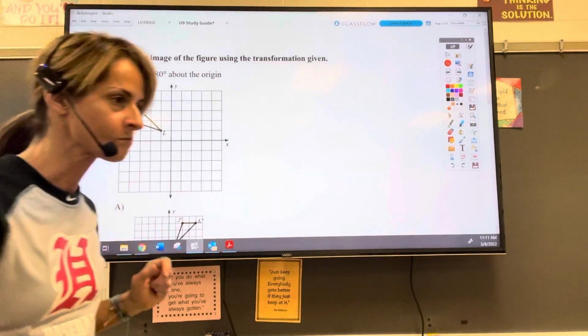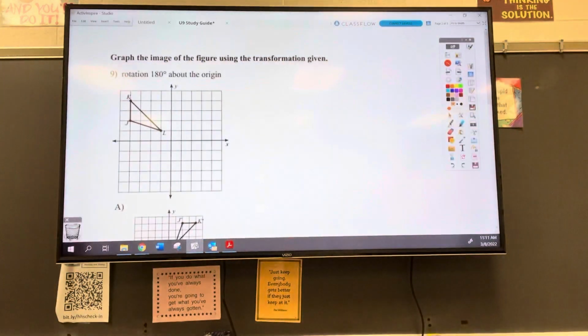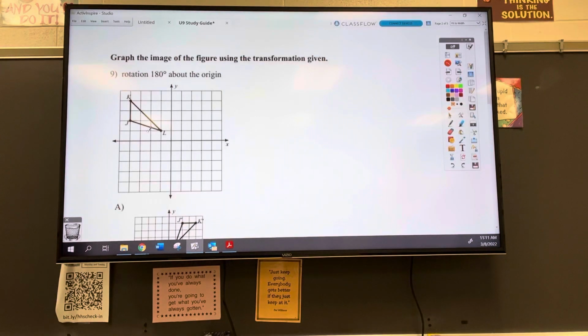Good with that? Okay, so L is currently at negative 1, 1. So that would be at 1, negative 1, L prime. Different color. K is currently at negative 4, 4. So in quadrant 4, it will be at 4, negative 4.